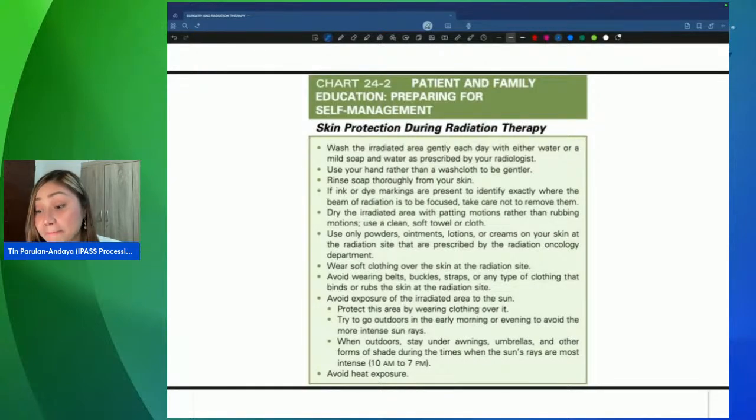We have here Maria Khan from Pakistan. Hello. So if you encounter this question in your NCLEX, which instruction is correct for a client receiving external radiation? What is the safest answer? You can type your answer here in our chat box. Try to answer. What is the safest answer?